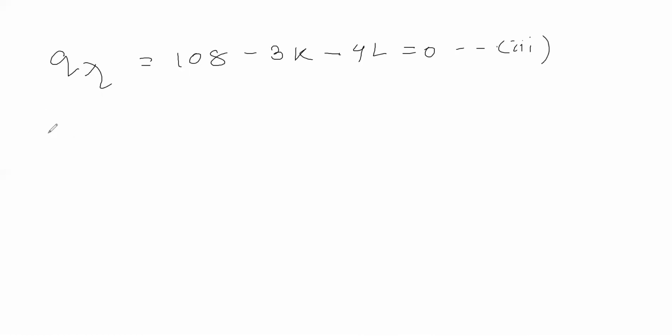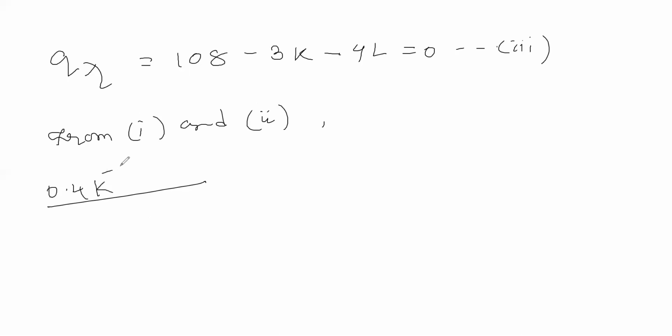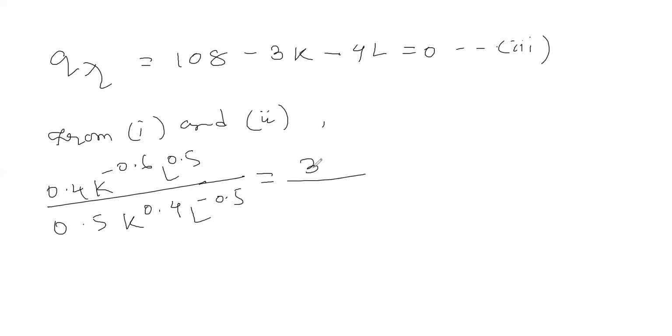Just like before, from equations 1 and 2, we get 0.4 K to the power negative 0.6 L to the power 0.5 and 0.5 K to the power 0.4 L to the power negative 0.5, which is equal to, on the other hand side, 3 lambda by 4 lambda.